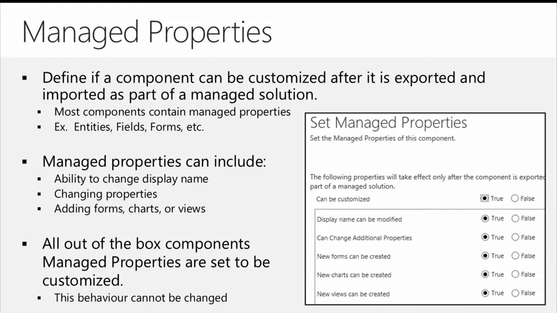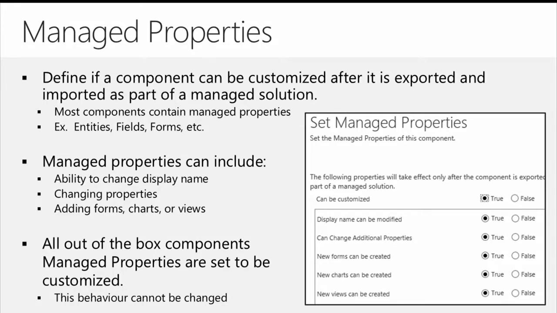So for example, what you see here would be the entity properties for a generic customized entity, basically saying that if I include this in a managed solution, what do I want them to be able to do? Should they be able to customize this entity? If I set this to false, they can't really do anything to it. If I set it to true, then I can go down into each specific item and define things like, can they change the display name?